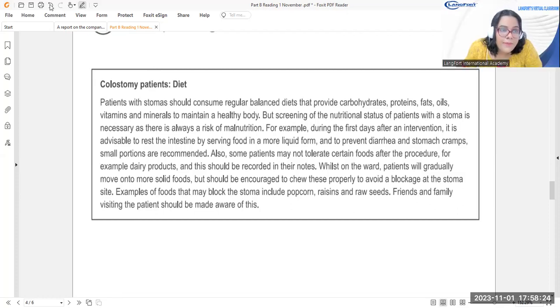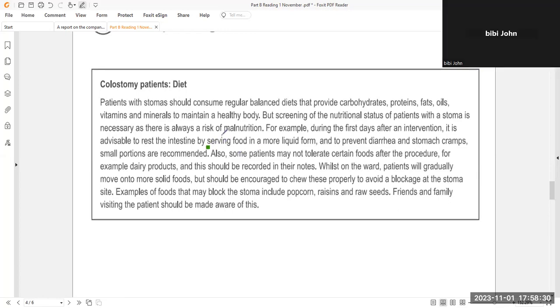Okay, Bibi, can you read the heading and I'll tell you where. Till here. Yes, ma'am.